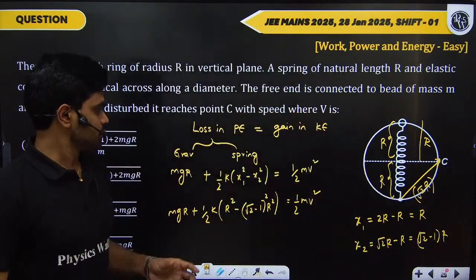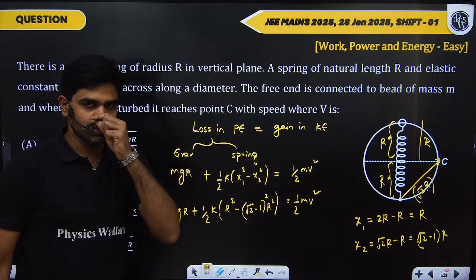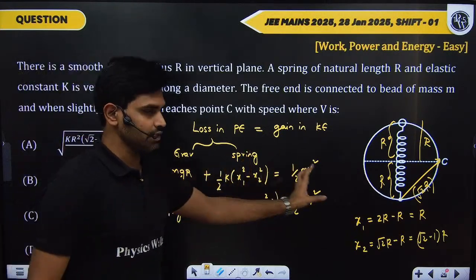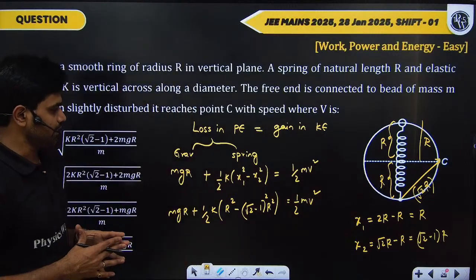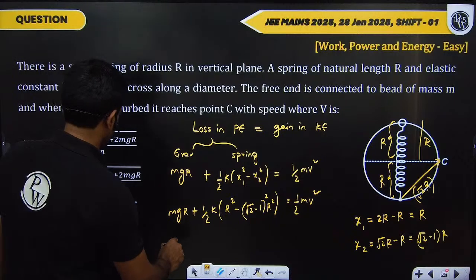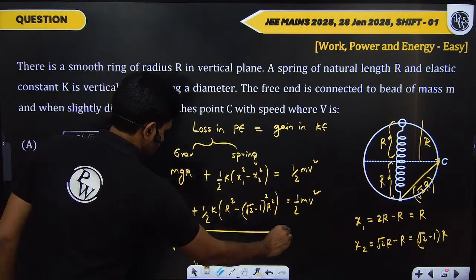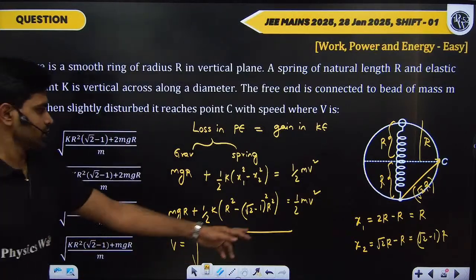Understood. This is loss in gravitational potential, loss in spring potential. Them are converting kinetic energy. That's it. We need the root of this, right.